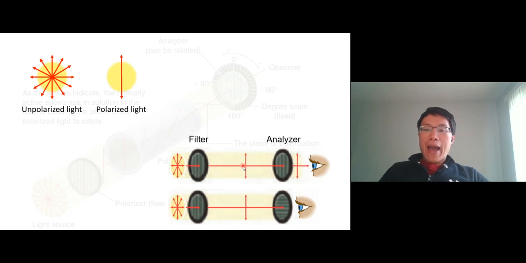This polarized light travels to the analyzer, which you can think of as another filter with a slit on it. If the slit has the same direction as the plane polarized light, it can pass through, and our eyes can see it. But if you rotate it 90 degrees, the slit is perpendicular, not the same plane as the polarized light, and our eyes cannot see it. This is how things work here.